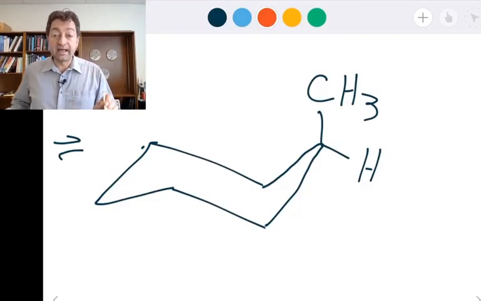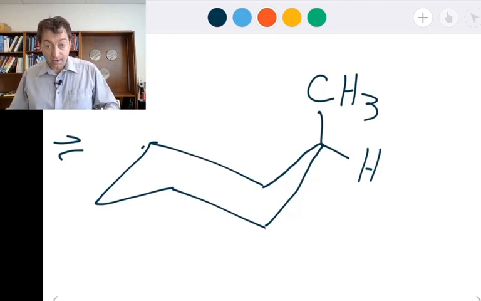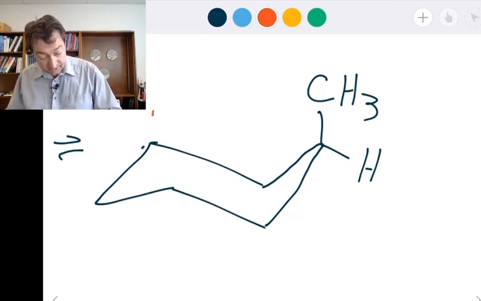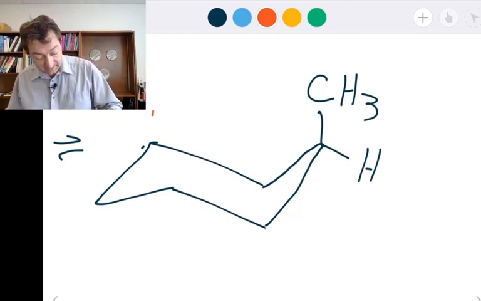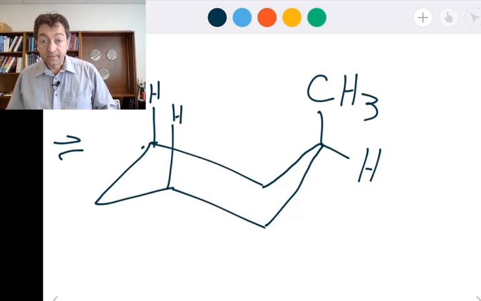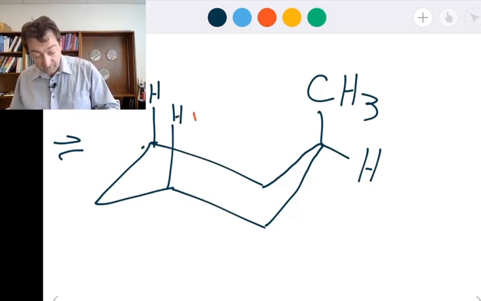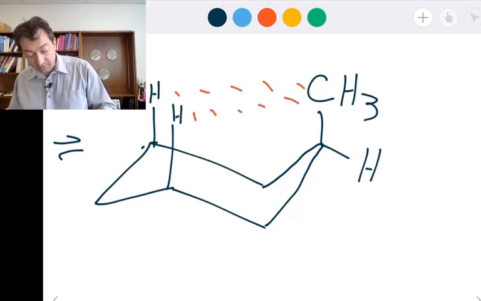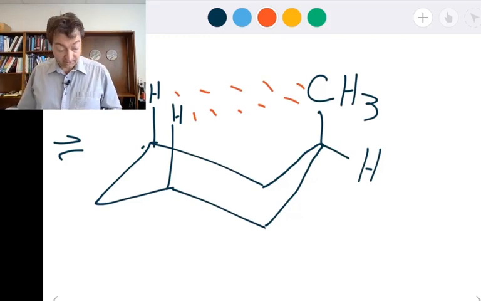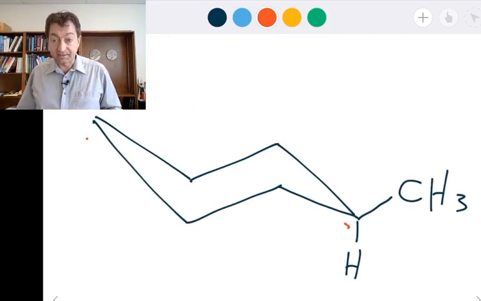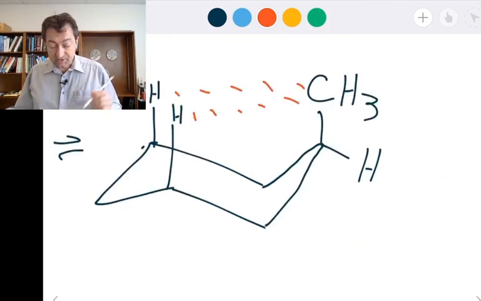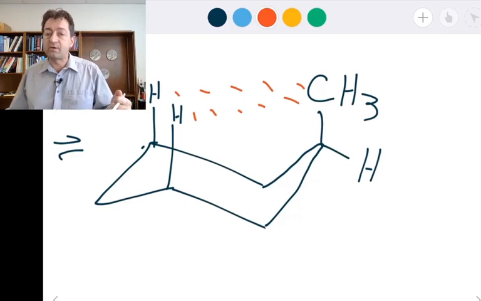If we look again at that conformation drawn out, these hydrogens here, I'll draw them in black, are sticking straight up, and they have this interaction with this methyl group in the axial conformation. That's something that's missing in the equatorial conformation. So what's that energy penalty? This is an observation, a measurement we can make on this molecule.